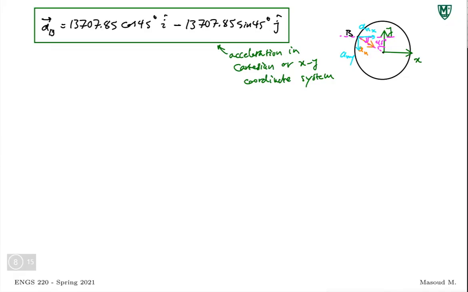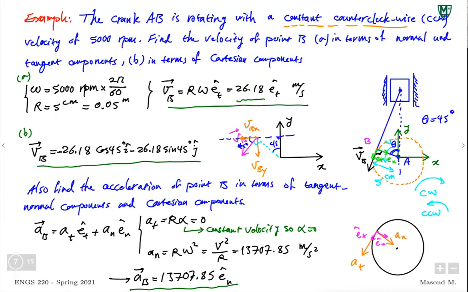Question on this one. As I said, you are finding the acceleration and velocity. You're talking about position, velocity, acceleration. Remember these three things for now. The coordinate system is just there for you to make your life easier. As you see in this case, the representation in the Cartesian coordinate system, XY, has two components, whereas the representation in the normal tangent coordinate system has only one component in the normal direction. So it's probably easier to represent in the normal tangent coordinate system.